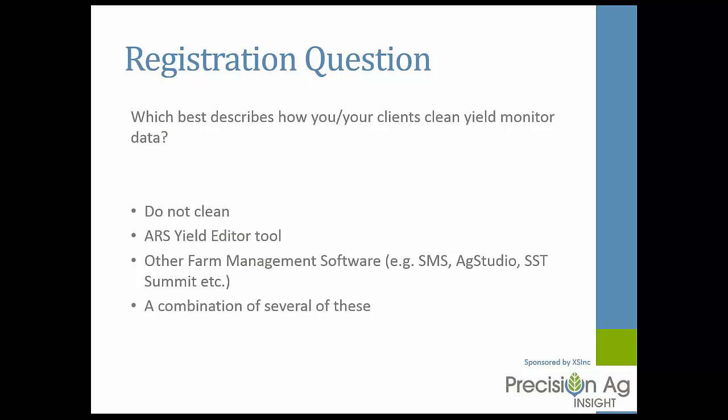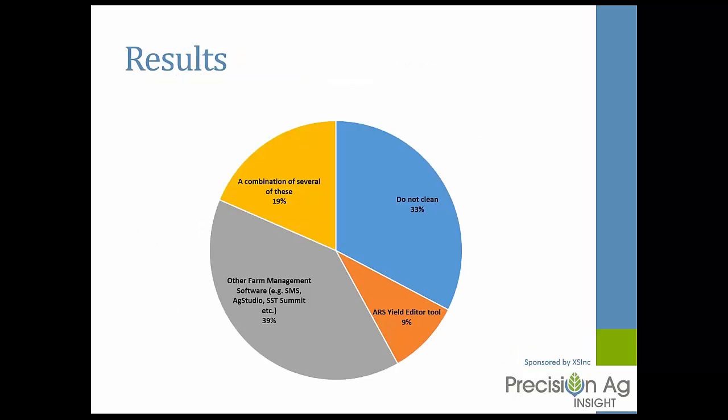Chad, I'm going to go ahead and interrupt you here for a moment and pull up the first registration question that you all answered when you signed up for the webcast. That question was asking, what best describes how you and your clients clean your yield monitor data? So you see the options below, and I'll go ahead and pull up those results.